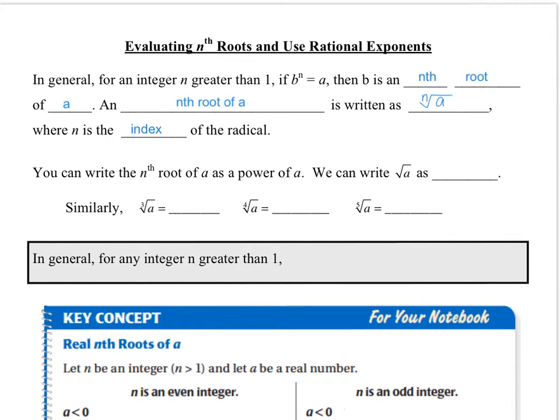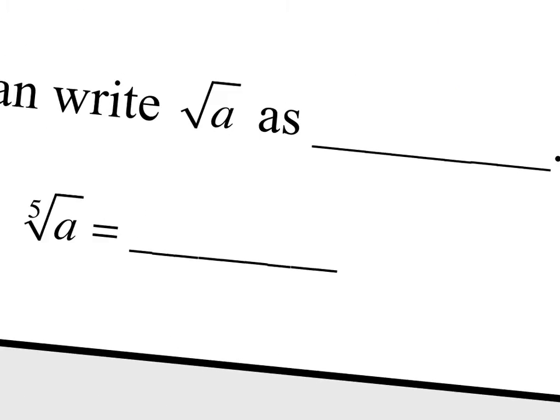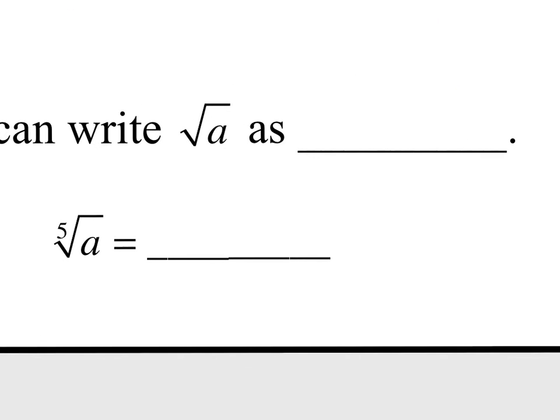So you can write the nth root of a as a power of a. So you can go in between exponential and radical form. So if you wanted to write the square root of a, just like the lead coefficient of 1, we don't ever write the index of 2. Whenever you don't see a number value in your index, you have to assume that it's talking about the square root.